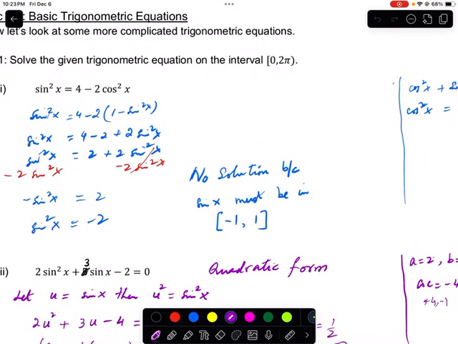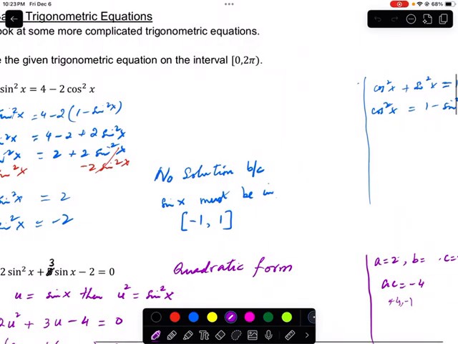If you remember, we have the Pythagorean identity, that cosine square x plus sine square x is equal to 1, and from there we can get cosine square x is equal to 1 minus sine square x, and also sine square x is equal to 1 minus cosine square x.